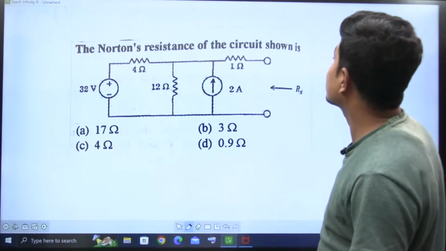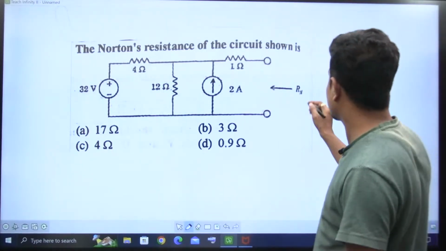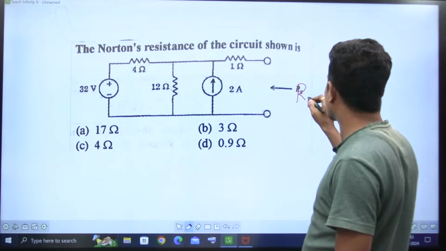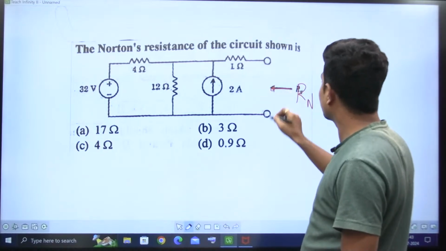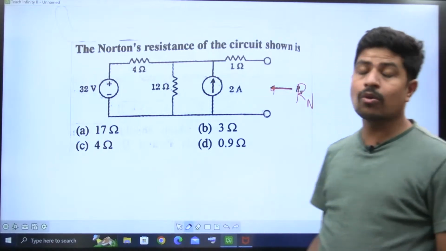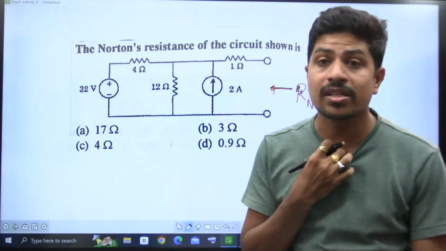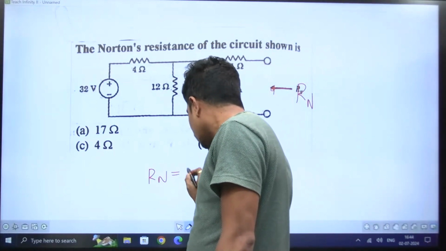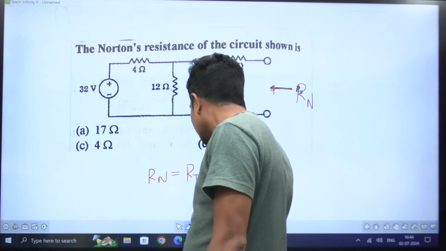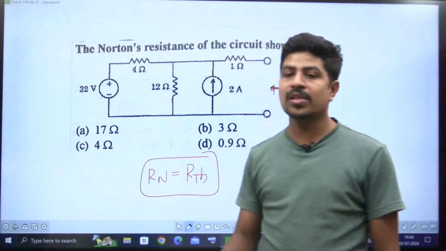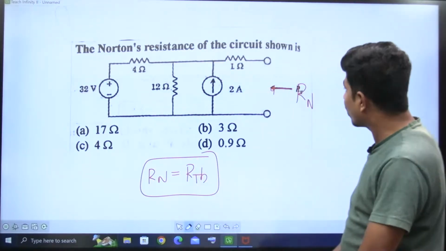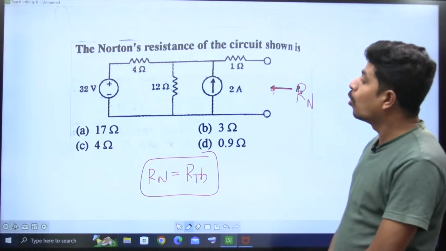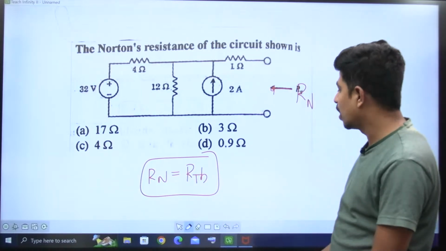The Norton's resistance of the circuit shown below: you have to stand here, and this is the Norton's resistance. You are observing from here. I told you, when you are going to find the equivalent resistance, Norton's resistance and Thevenin's resistance are in fact the same. R Norton is equal to R Thevenin. You go to the terminals where it is required, stand there, open circuit the current sources and short circuit the voltage sources.